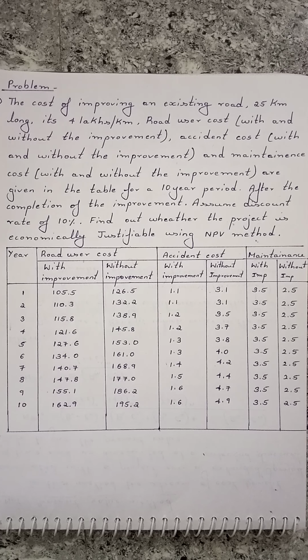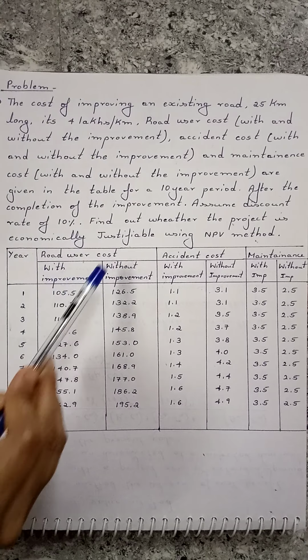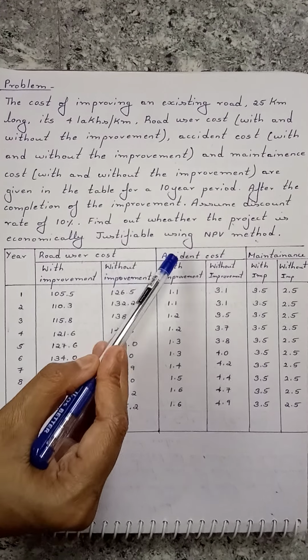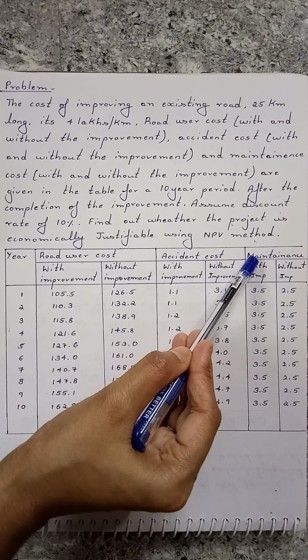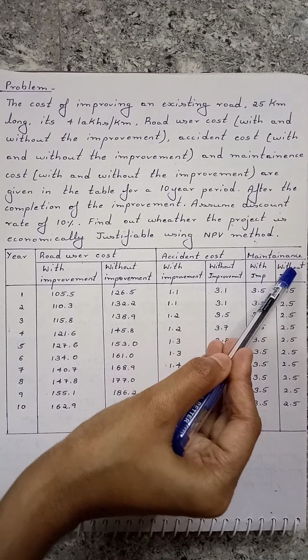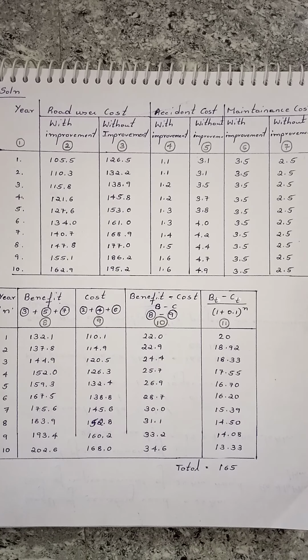So this is the problem we are going to solve, and the table mainly consists of years, road user cost with improvement and without improvement, accident cost with improvement and without improvement, maintenance cost with improvement and without improvement. So these are the data which is given in the table. So this is the solution.